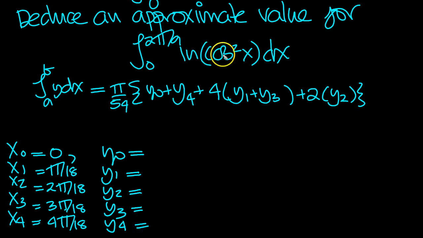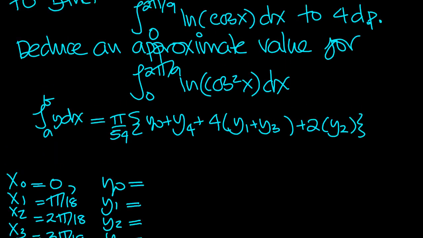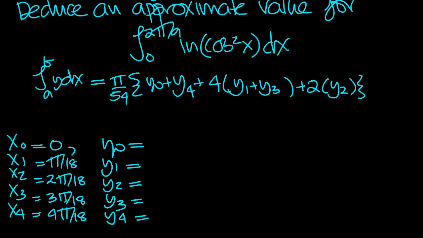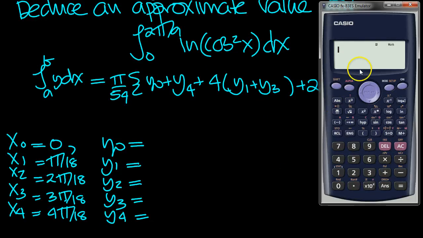It will be ln cos x, because that's what the integral is above. We're working in radians mode, so let's get our calculator. It's ln cos of the first one, which is 0. Cos 0 is 1, and ln of 1 is 0.